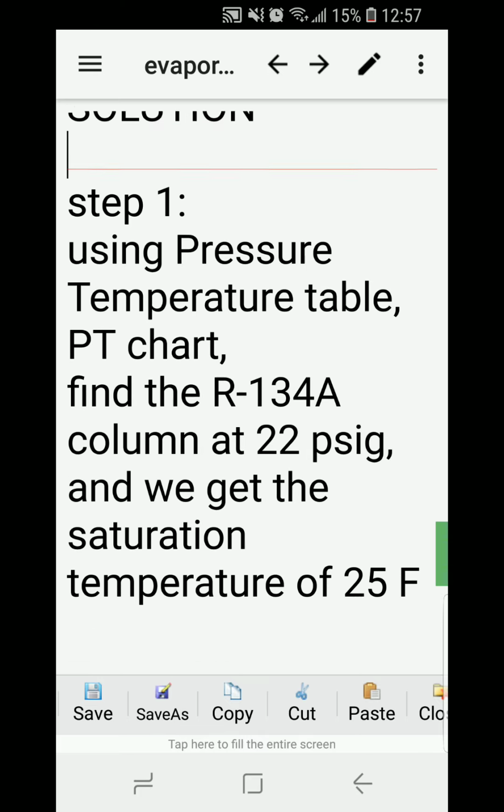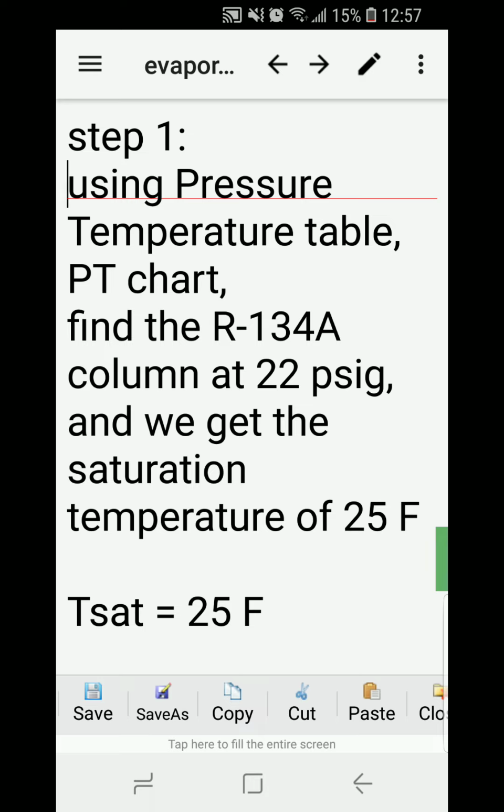So, the solution, just like in the first problem, we need to go to the PT chart, the pressure temperature table, and find the R134A column corresponding to the 22 psig suction pressure, and so we should get a saturation temperature of 25 Fahrenheit.